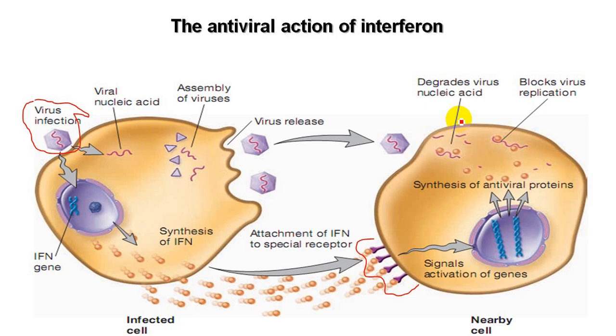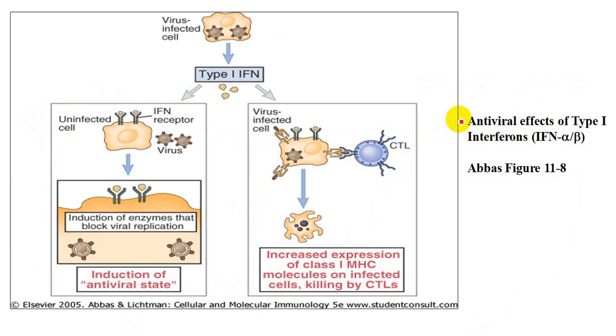Before I come to this slide once again, I would like to highlight that this is from Abbas immunology. A virus infected cell produces type 1 interferon. This type 1 interferon acts on both the virus infected cell as well as the uninfected cell. Once it acts on the uninfected cell, the interferon will bind to the interferon receptor.